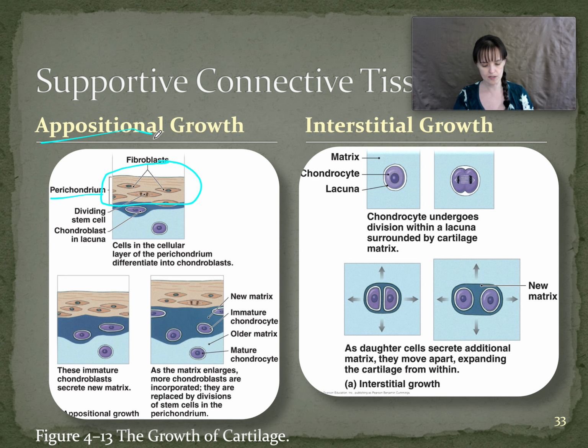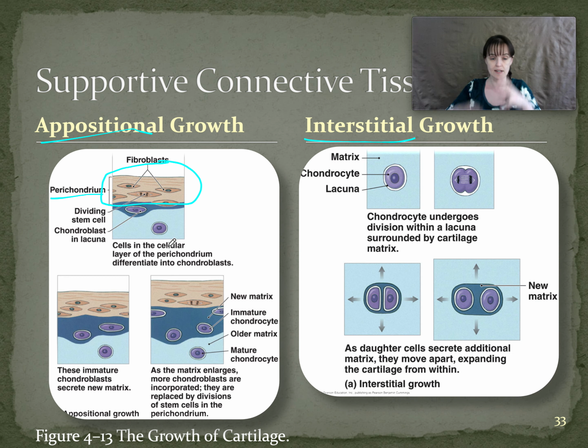Appositional growth. Cartilage undergoes both interstitial and appositional growth, but in an adult, cartilage does not grow, rarely repairs, and covers injuries with a dense fibrous patch. True. So appositional growth helps it grow in diameter because it adds more cartilage around the outside.